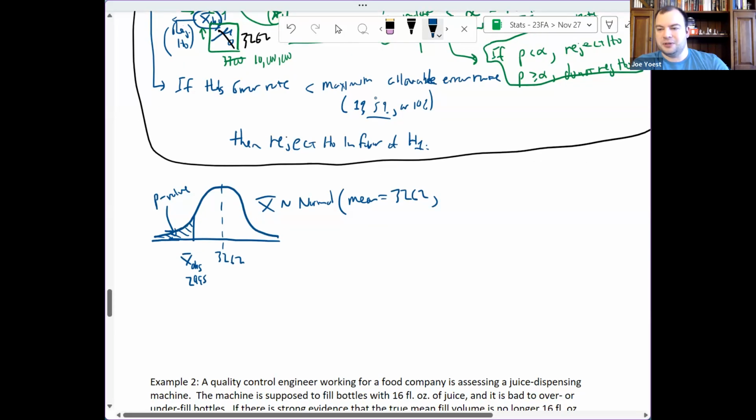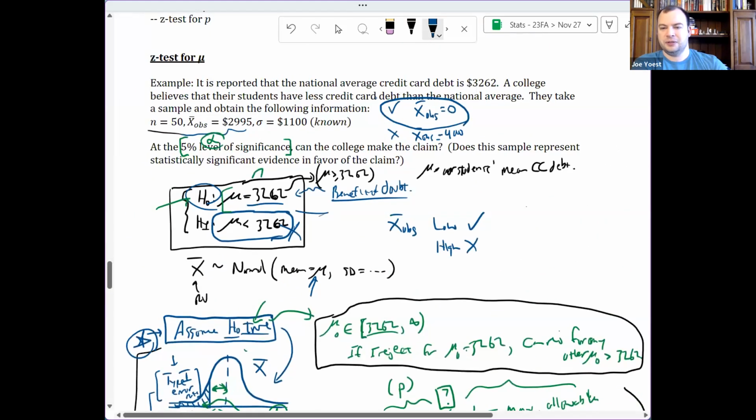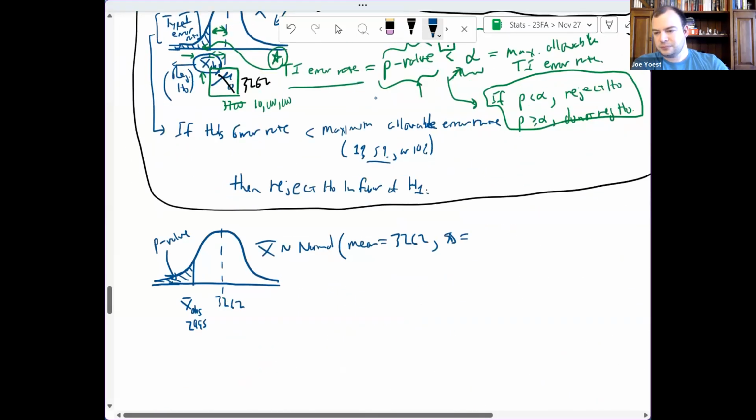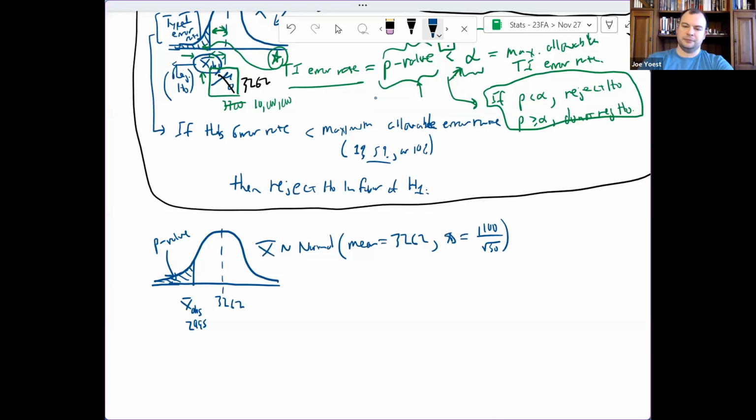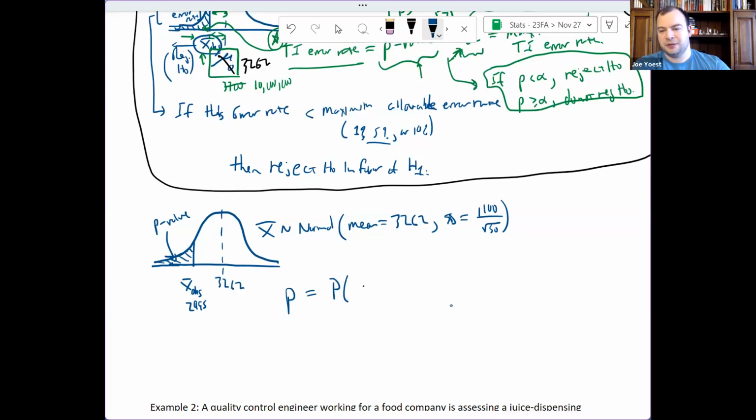Oh, and X bar is normal with a mean of 3262 and a standard deviation. Well, that's the standard error, right? That's sigma over root n. 1100 over root 50. And so what do I have? I want to compute the p-value, which is the probability that X bar, the random variable, is less than 2995.